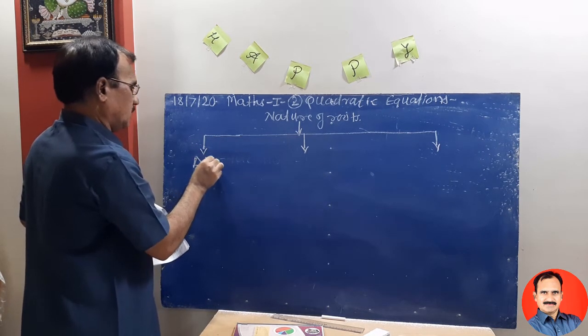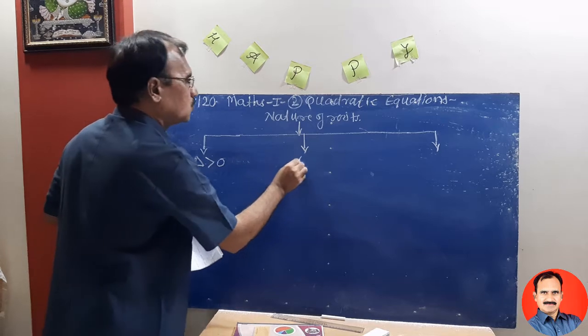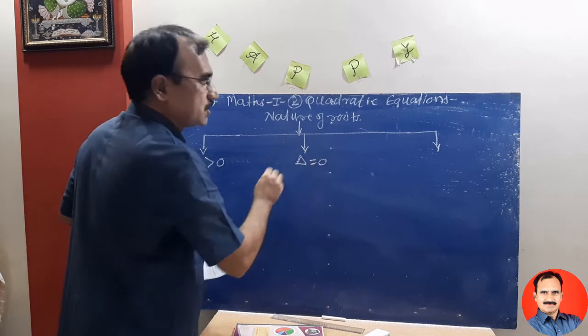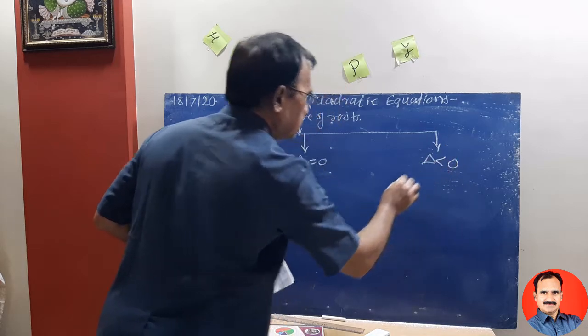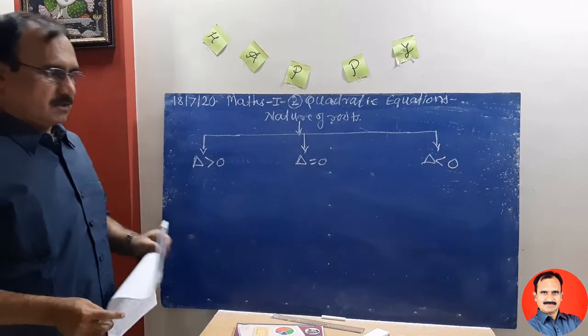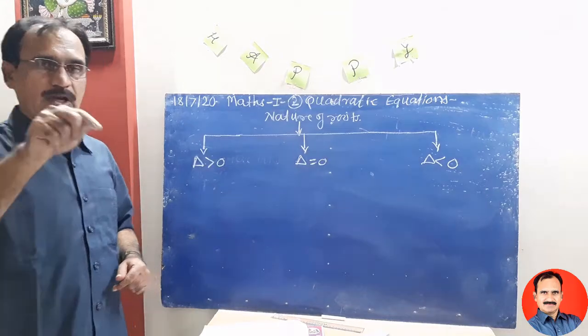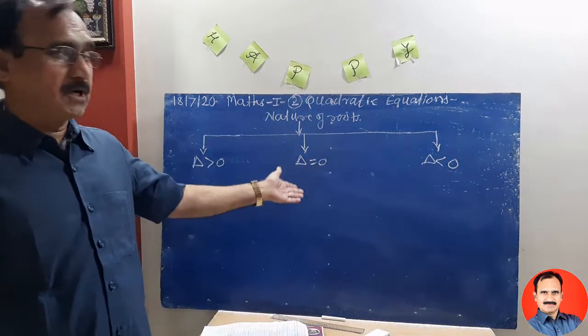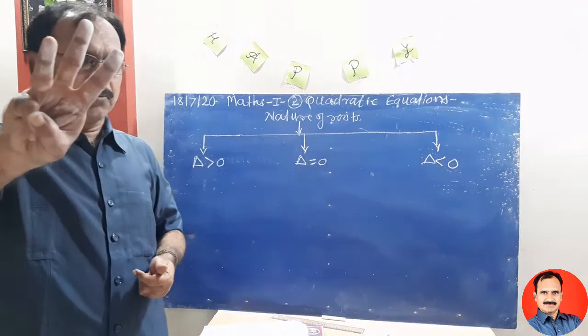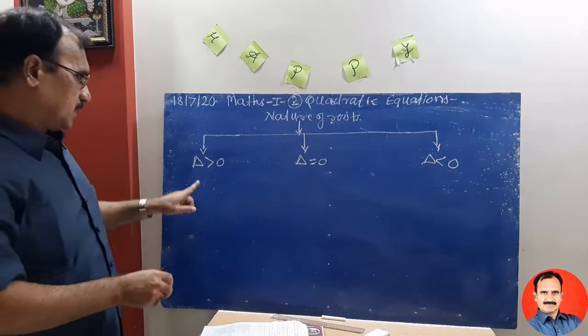If we compare the value of delta, the discriminant, with 0, there are only three possibilities. Which are these?